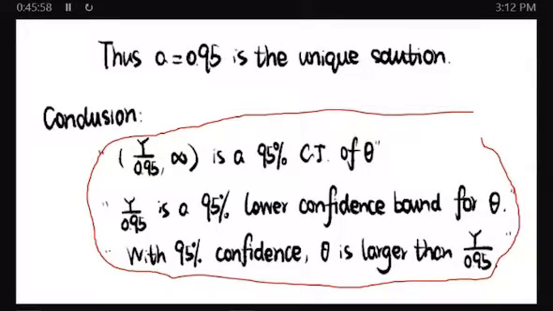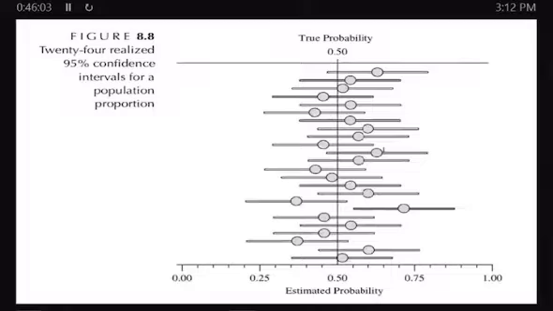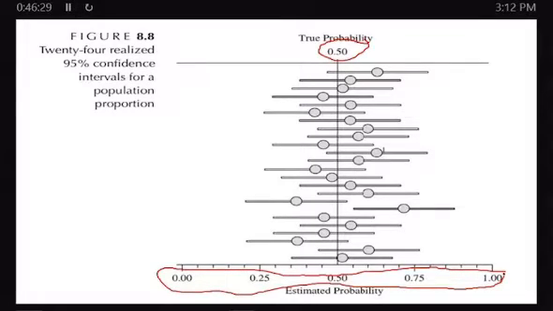Now, to demonstrate this, take a look at that. Here I'm trying to show you 24 intervals. If the true value is 0.5, what we have plotted here is the estimated probability value, and if you count all of them here, there are 24 of them.